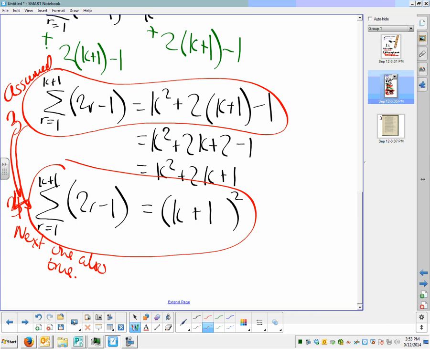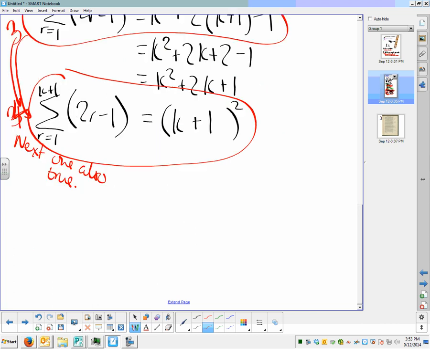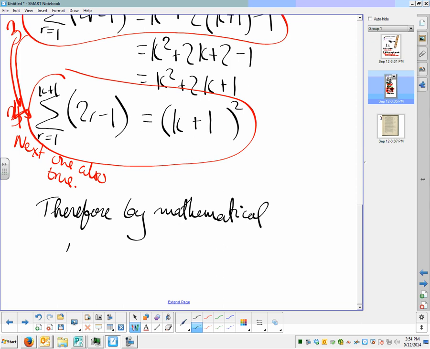If I pick the 8th odd number, I'd know it's also true for the 9th. So therefore, by mathematical induction, the statement is true.